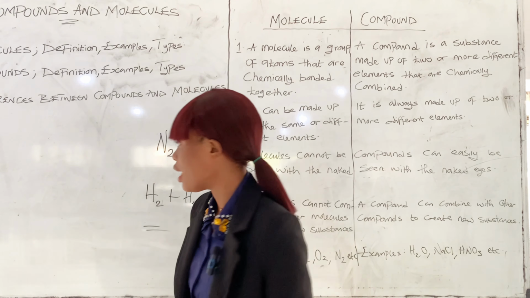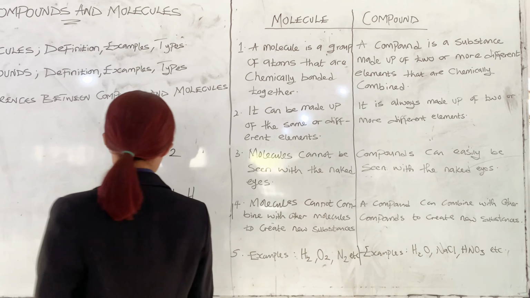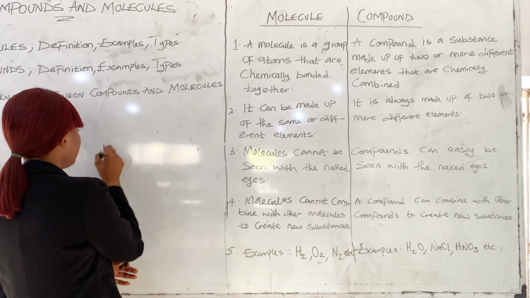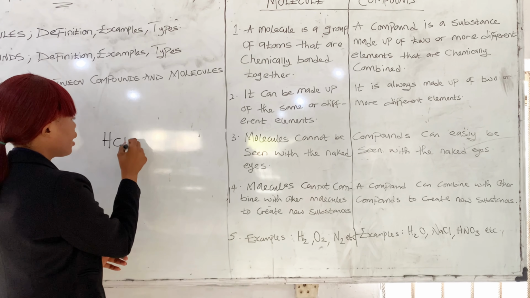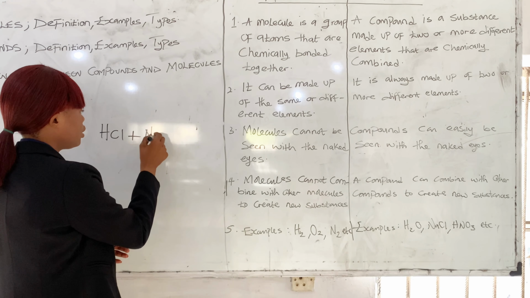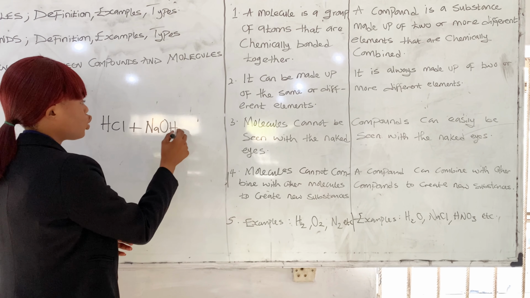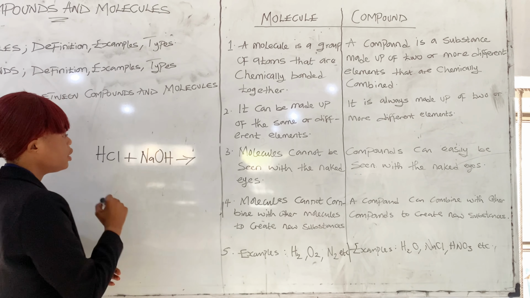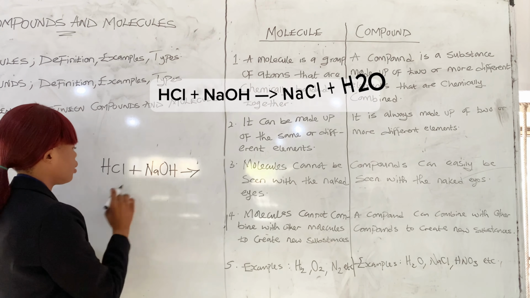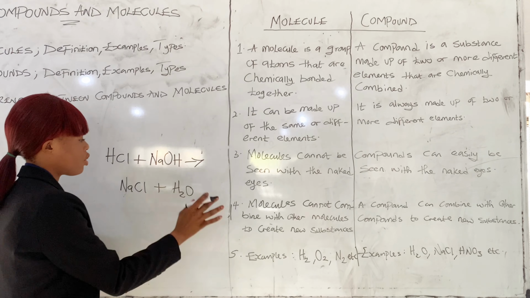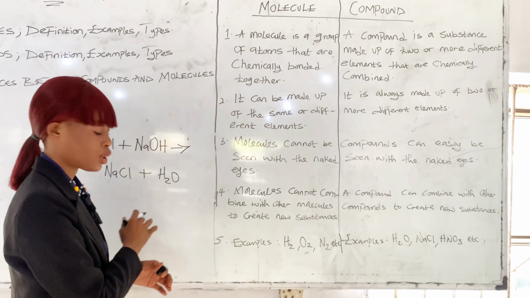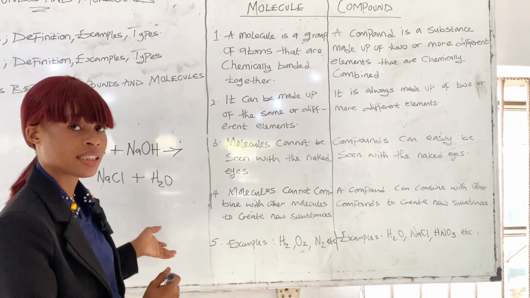An example of that is when hydrogen chloride reacts with NaOH, which is sodium hydroxide, to yield NaCl plus water. This is known as a neutralization reaction, but we'll get into that in a later video.